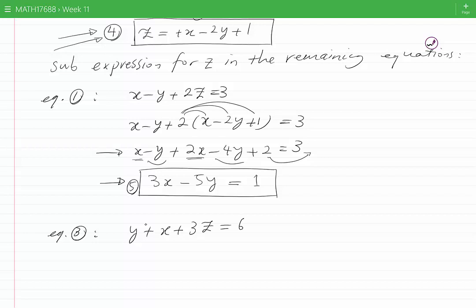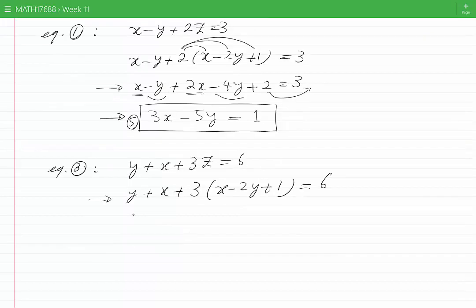If I plug in the expression for z from equation 4, I get y plus x plus 3 times z, which is x minus 2y plus 1, is equal to 6. This equation involves only x and y. I can simplify this equation further. y plus x plus 3 times x minus 6 times y plus 3 is equal to 6.